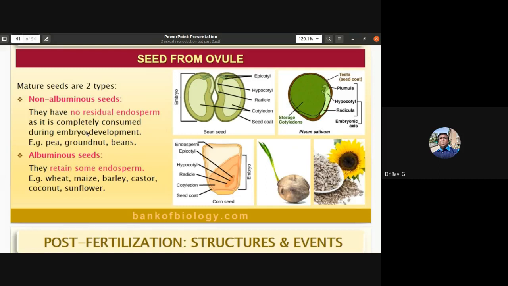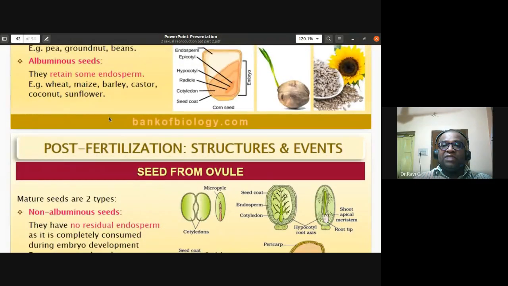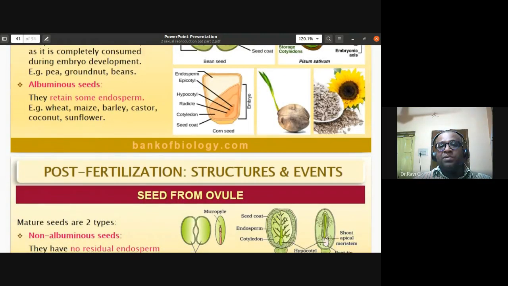But albuminous seeds have some endosperm, even after the development of the embryo. Examples are cereals like wheat, maize, rice. In rice, we are eating the endosperm part of it. Also wheat, maize, barley, castor, the seed from which castor oil is extracted, then coconut and sunflower, they all have endosperm.